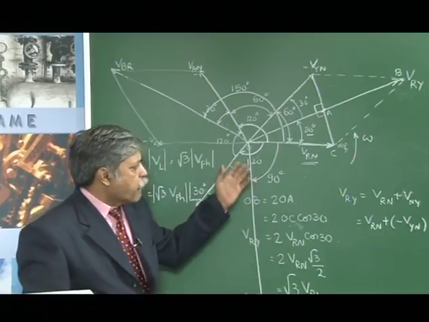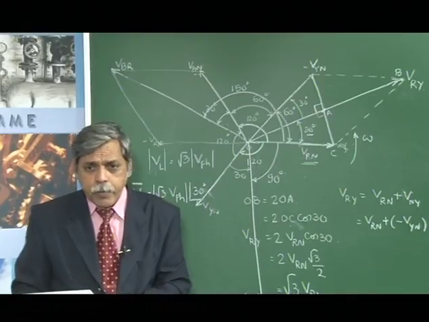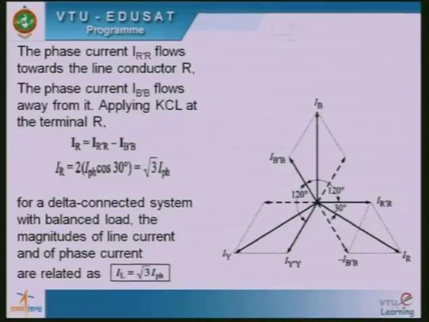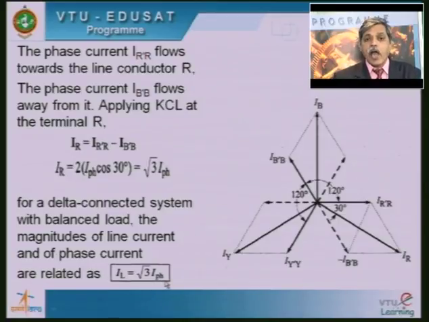So the same type of phasor diagram can be used. I just gave an analysis here: IR is equal to the difference of two phase currents. You can use either geometric analysis or an analytical method to prove this relationship. For a delta connected system with balanced load, the magnitudes of the line current and phase current are related by IL equals root 3 times I phase.